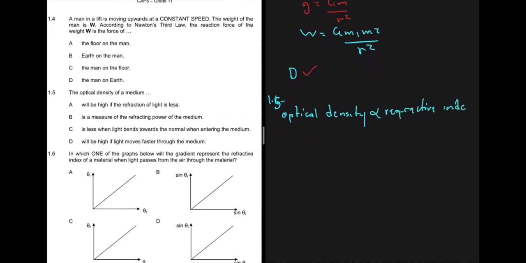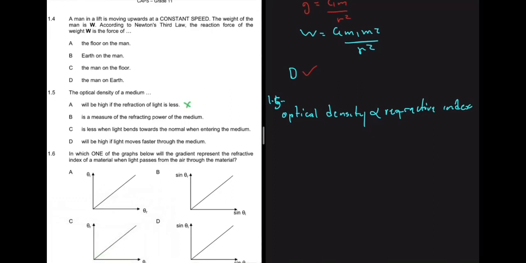The higher the optical density of a medium, the higher the refractive index of that medium. So let's look at our option here. The optical density of a medium will be high if the refraction of light is less, right? That is clearly not true, because we're saying that the optical density is directly proportional to the refractive index of a medium. So A is incorrect.